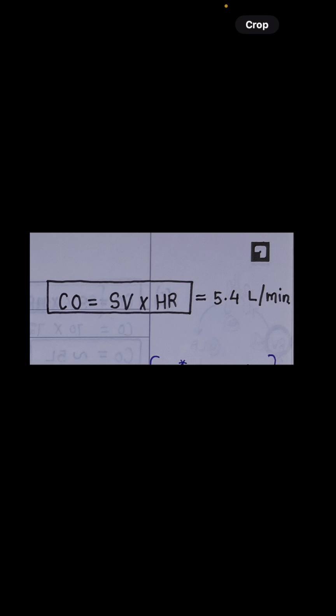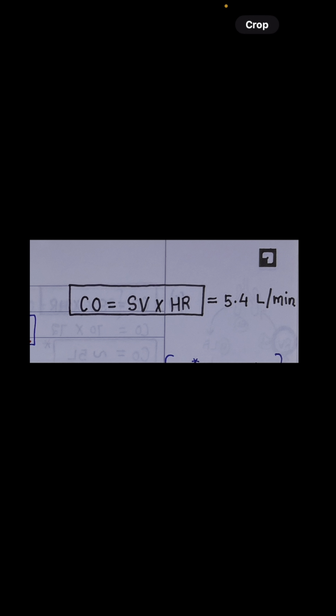Cardiac output is simply the blood pumped by the ventricles per minute, in liters, which is calculated as stroke volume multiplied by heart rate, approximately 5.4 liters per minute.